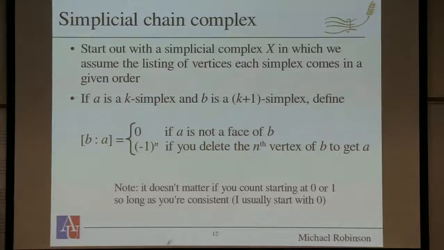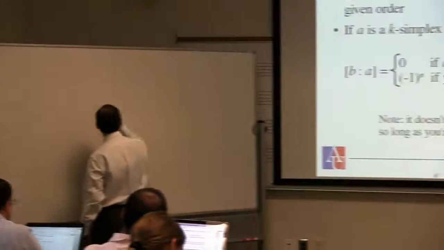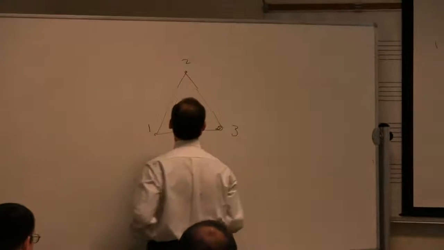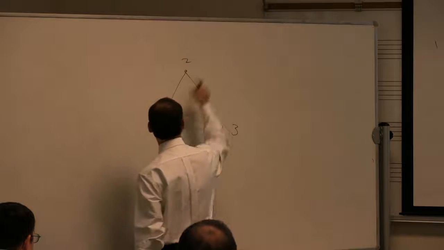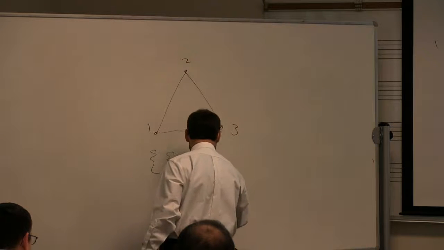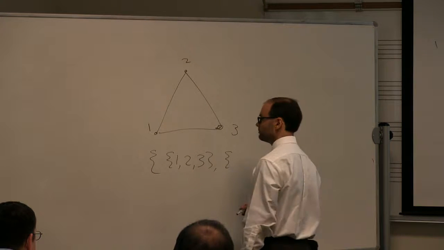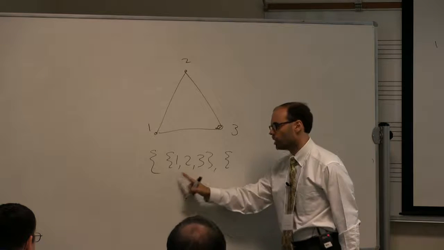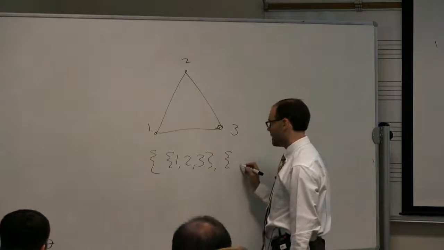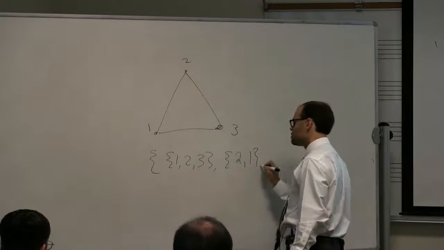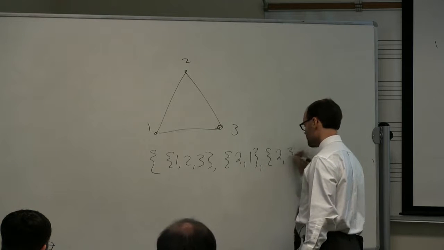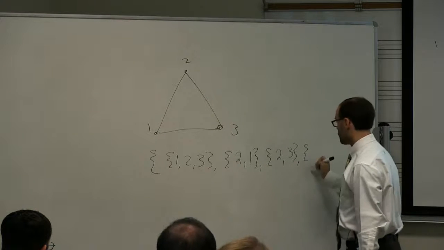if I have the following simplicial complex, this filled-in triangle, 1, 2, 3. If I have this simplicial complex, and let me orient it 1, 2, 3, and I have another, so they're coming in the order 1, 2, 3, first, second, third, I may, in fact, have chosen an orientation on some of the faces that is not quite self-consistent.